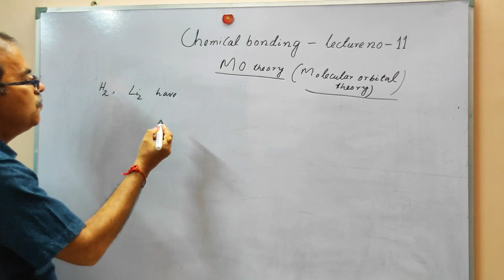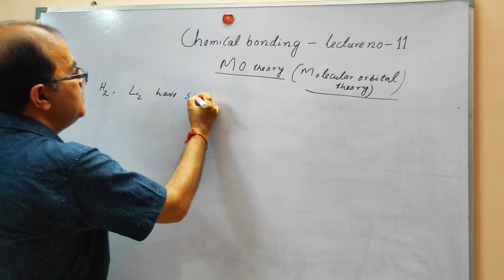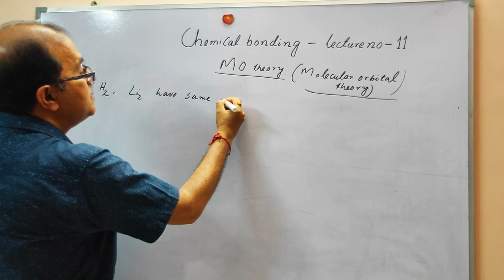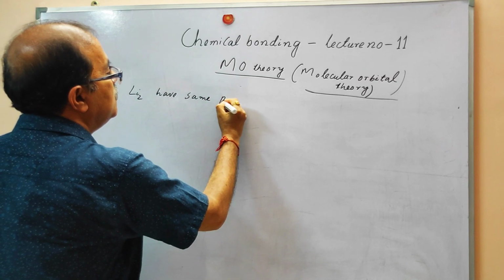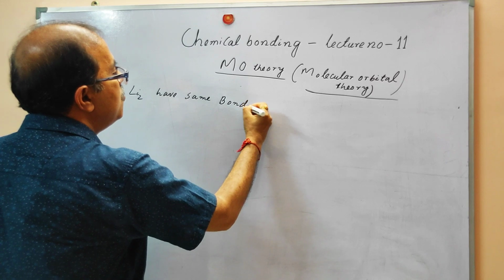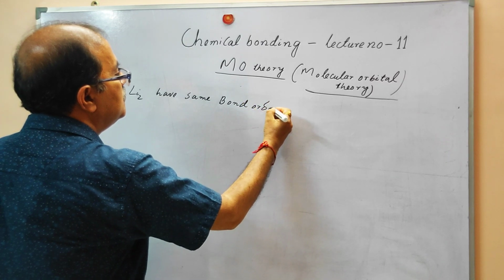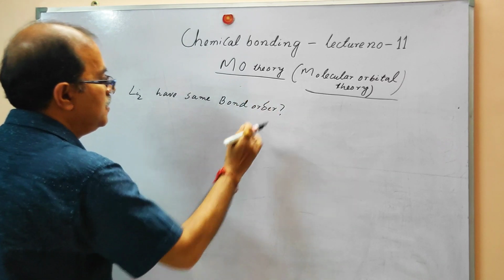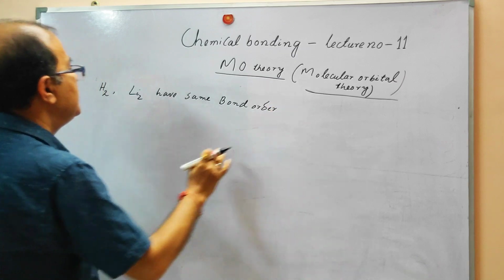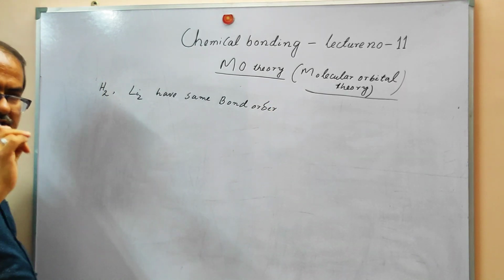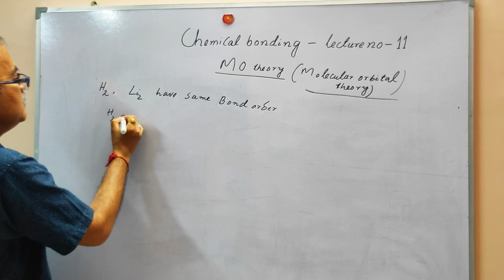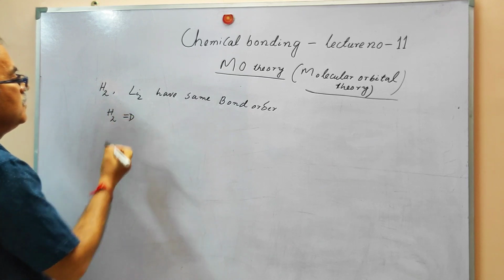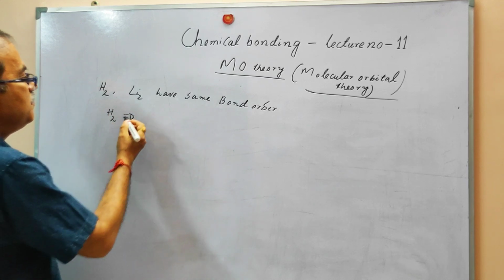Hydrogen and lithium 2 have the same bond order, not the same stability, the same bond order. But what about their stability? Will the stability be the same or different? For that, let us calculate the bond order of H2.